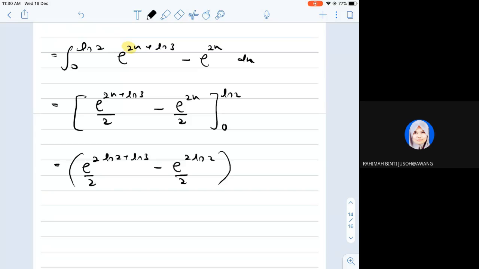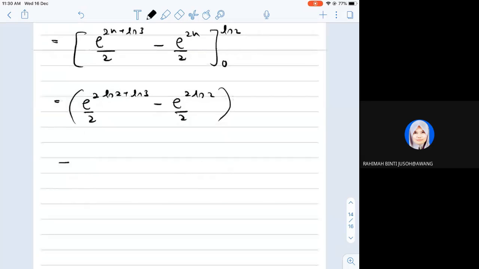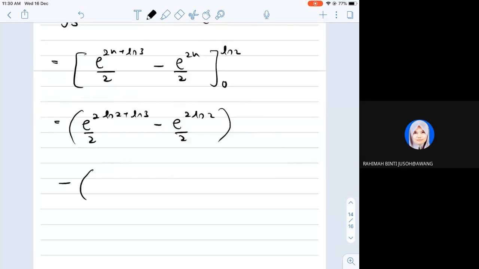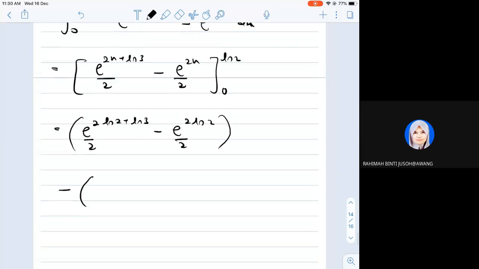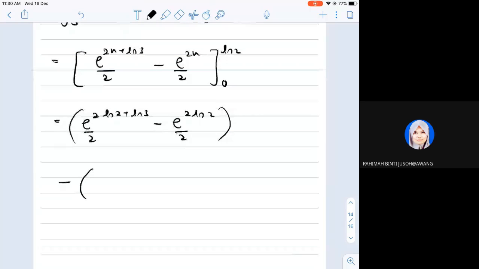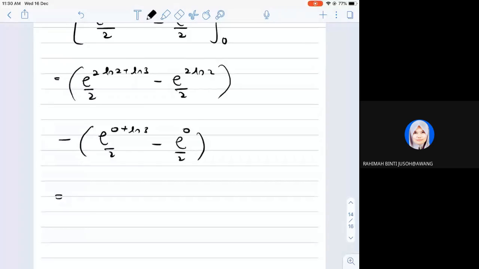Minus exponent 2 times 0 plus ln 3 over 2 minus exponent 0 over 2. Okay, substitute like this.